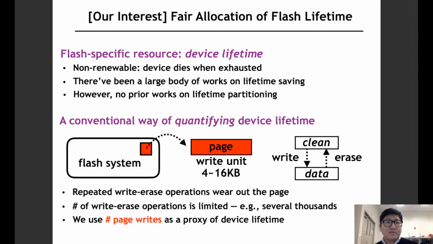Unfortunately, such repeated write and erase operations wear out the pages. So, vendors normally specify a limited number of write and erase operations for their flash lifetime. In this work, as a proxy of device lifetime, we use the number of page writes a device can handle.